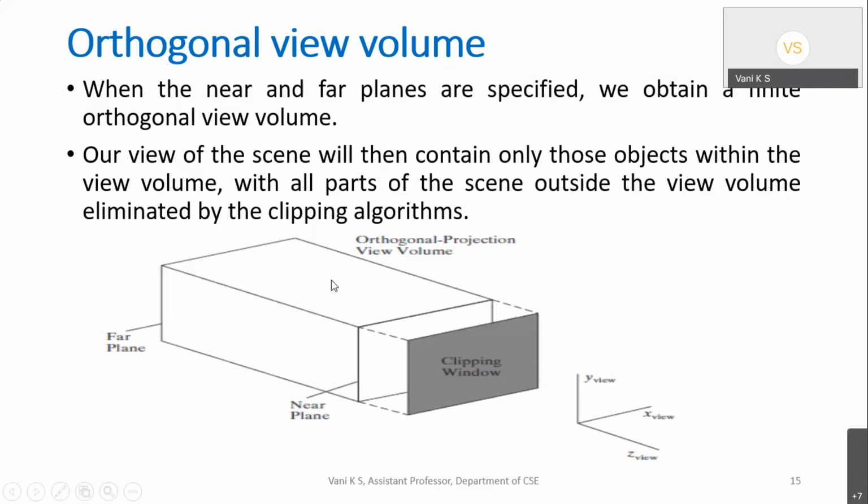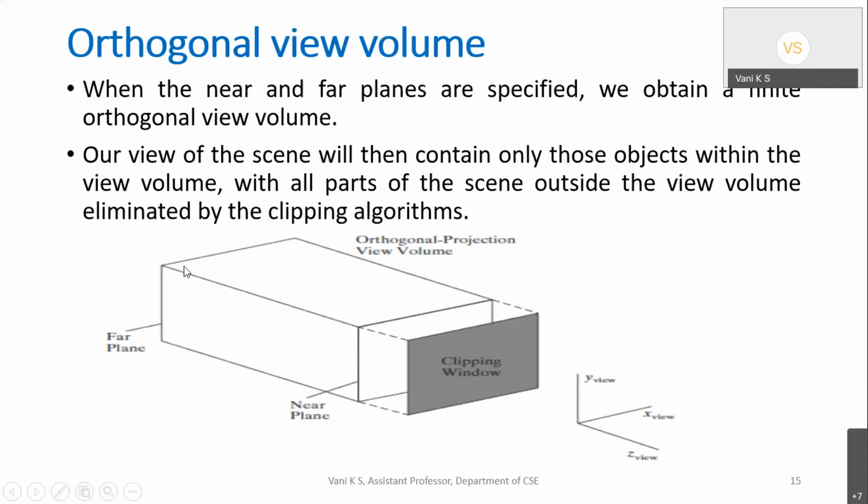Now, one more thing in addition to this view volume. This is the view volume for orthogonal projection, in the shape of a parallelepiped. In addition to this, you have something called the far plane and the near plane. That is, we place some boundaries, or some cards, in the view volume: the near plane and the far plane. Objects near the near plane will be shown a little bit larger.